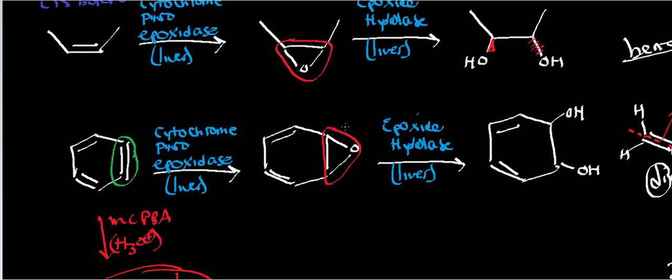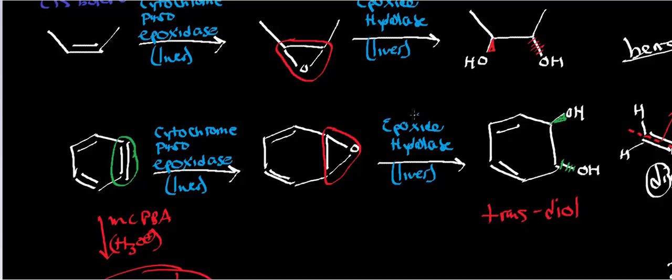Okay, and then, as we would expect based on this analogy above, epoxide hydrolase, the auxiliary enzyme to this, in the liver, then performs a hydrolysis of the epoxide, and again, you form a trans diol, as shown here. And once again, maybe this one is on a wedge and this is on a dash, but you could get the enantiomer as well. But in any case, this is what happens.